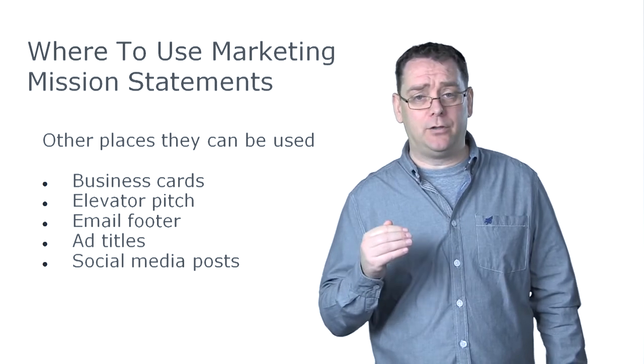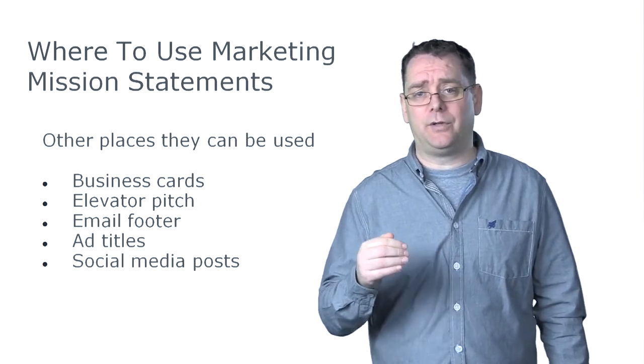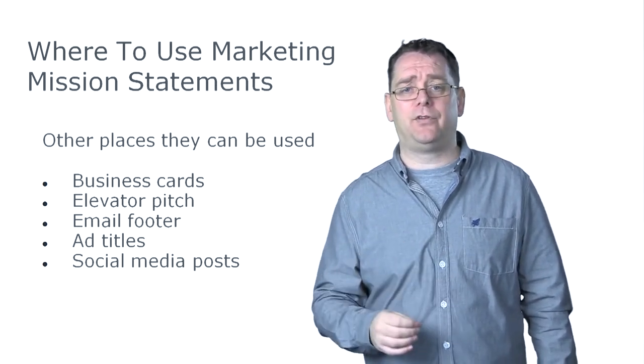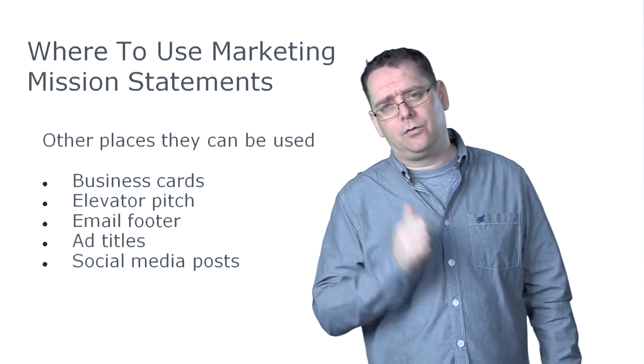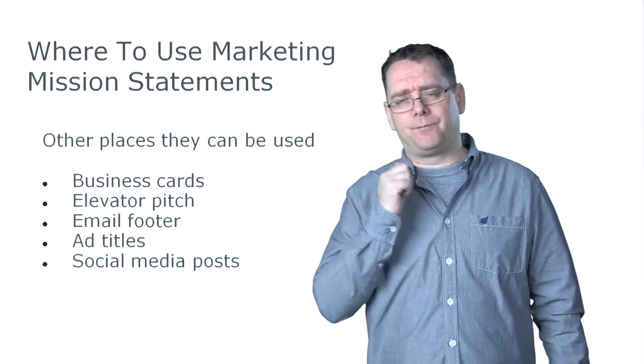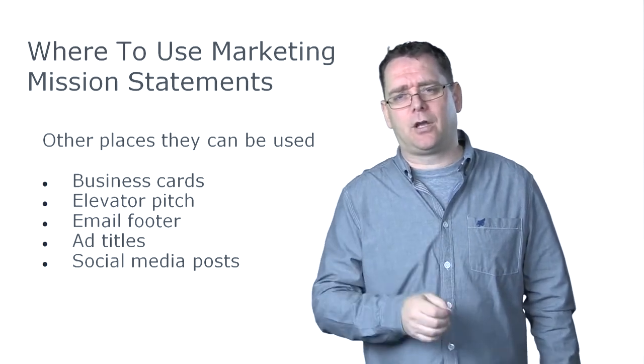You can use it in your elevator pitch when you go to a network meeting, rather than standing up and saying, well, we do websites, we do commercial photography, we do social media marketing, we do social media training, we do coaching.